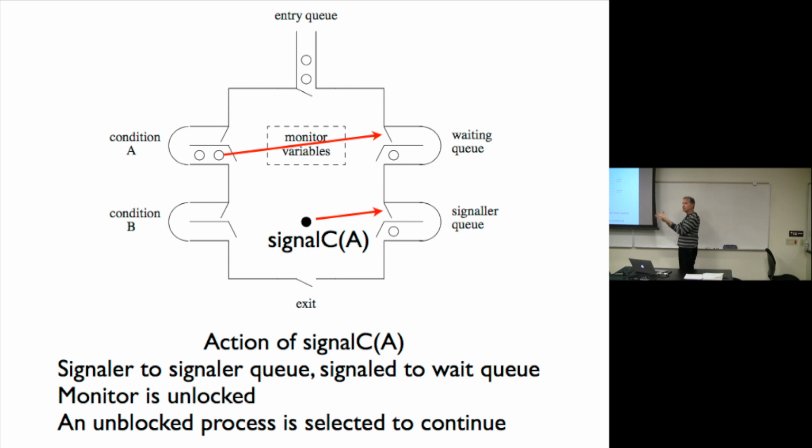You could design a monitor, there are some crazy monitors that pick one thing and some that pick another, and we're going to see that's how one monitor differs from another, how the choice is made as to what gets picked when the signal or the wait happens and everything is all blocked. The kind of monitor it is depends on how it decides which one to pick next from all those blocked queues.